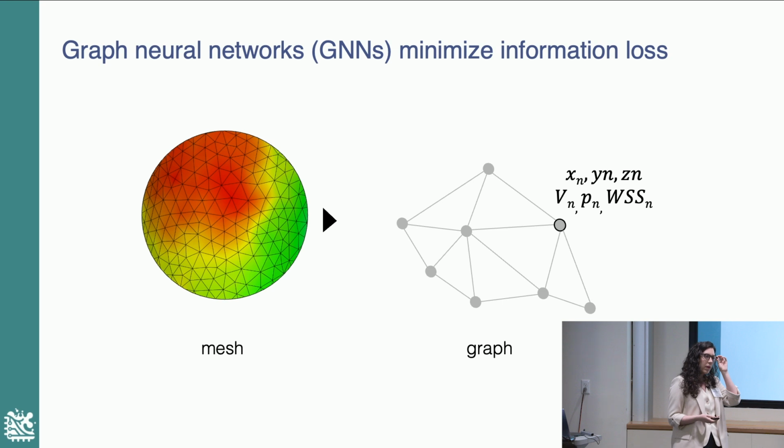So we want to be able to deal with very complex geometries, such as the ones that we typically encounter when we try to mesh anatomies. And then having the graph neural network would allow us to map directly from the mesh into a graph with no loss of information. So we framed our model around the use of graph neural networks. That was the first step, to convert everything from a traditional finite element mesh to a graph neural network.